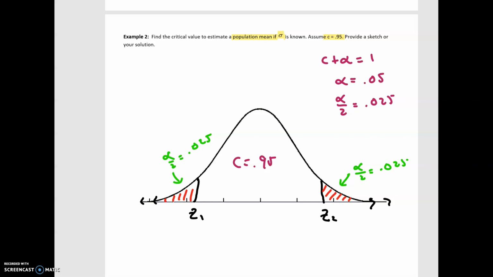Now, what we're going to find here is the actual value to the left. Let me give you the code. The code for this one is going to be a simple inverse norm of 0.025 with 0 and 1 as your actual values. Please take a second and evaluate this one so we can compare values.